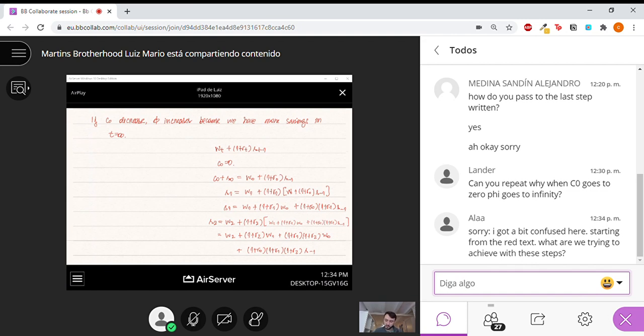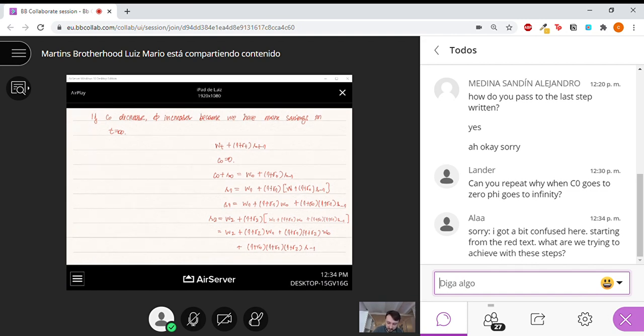So what we are trying to do here, I'm going to write here so you don't get lost. Say you have this choice here, where CT is equal to 0 for all t, and then ST is equal to WT plus 1 plus RT.